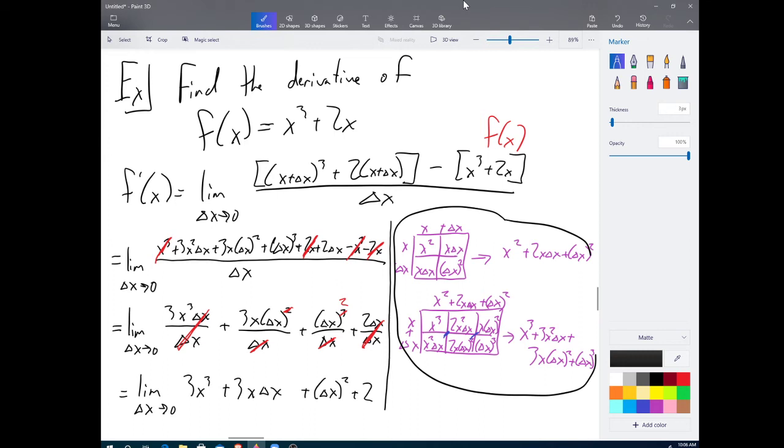I do think this is probably the most complicated problem we're doing today too, just because it's the longest.